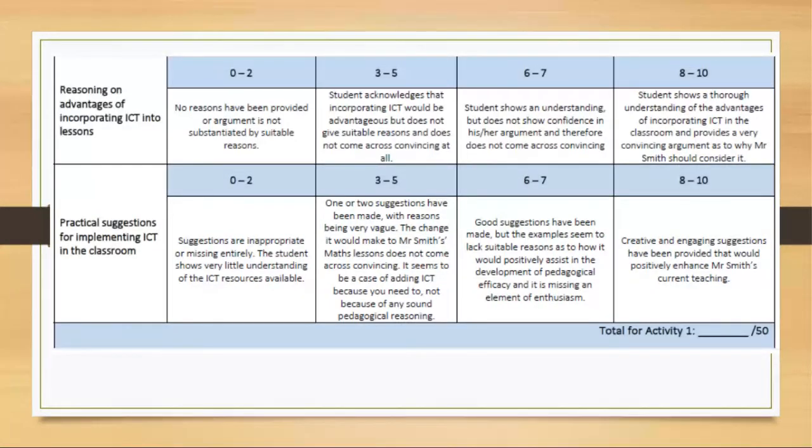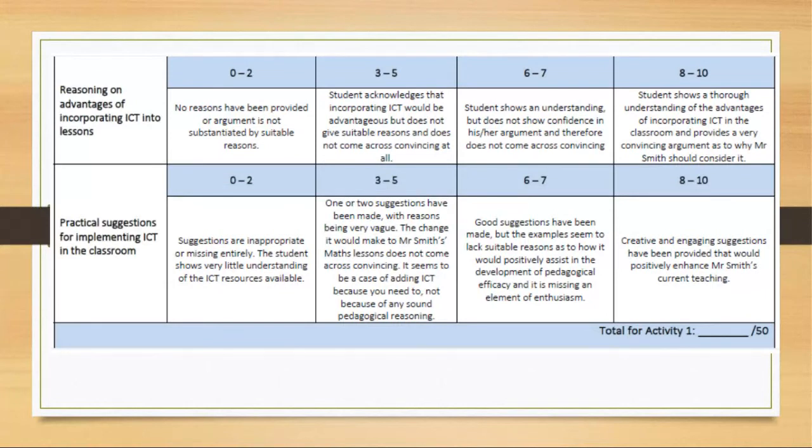Then the next 10 marks goes towards the reasoning on advantages of incorporating ICT into lessons. So if you show a thorough understanding of the advantages of incorporating ICT in the classroom and provided convincing argument as to why Mr. Smith should use it and consider technology, you would earn 8 to 10 marks.